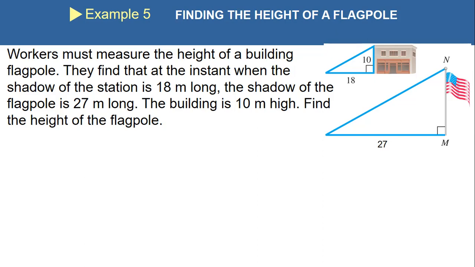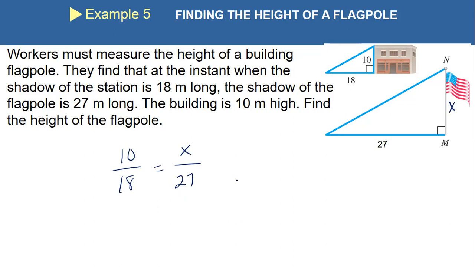Can I find a correlation between those two? Yes. Do you remember what we set up? Starts with a P. A proportion. We set up a proportion. This is our unknown. This is all of our known, right? So we know that the height of the building is 10. Its shadow is 18. We do not know the height of the pole, but we do know its shadow is 27.